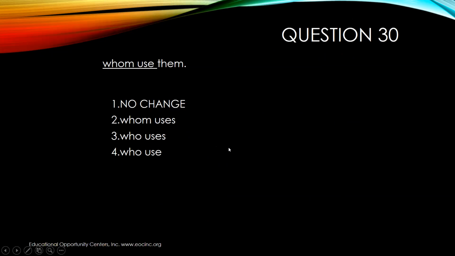Question 30, whom? SAT loves to see, do we know how to use whom correctly? So I'm going to read this. The article goes on to suggest that the most valuable resources provided by co-working spaces are actually the people whom use them.